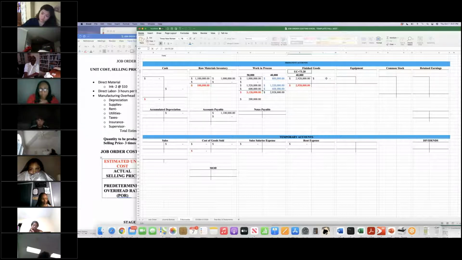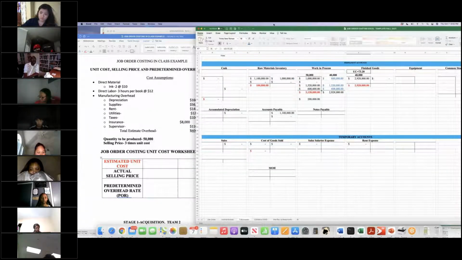Okay, when we were planning, we wanted those unit costs to be 68, but the actual unit cost is 73.20. So we ran over. We plan a cost, but then you've got to run your production operation so you stay intact. We didn't do that here.